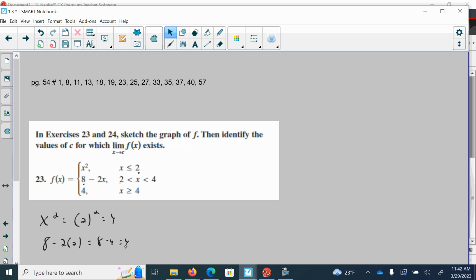So those two graphs meet at the same place. So what's happening? You have this parabola that equals 4 at 2. And then you have this line that technically has an open circle and does something like that. So if I'm approaching from the left, it's going to equal 4. As I'm approaching from the right, it's going to equal 4. So that limit exists at 2.